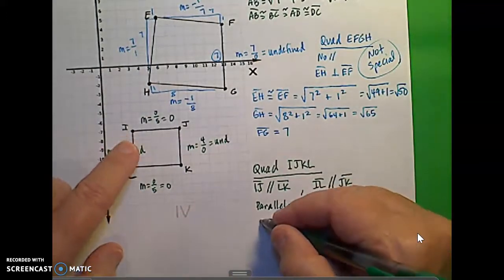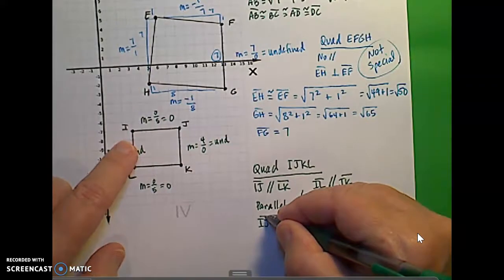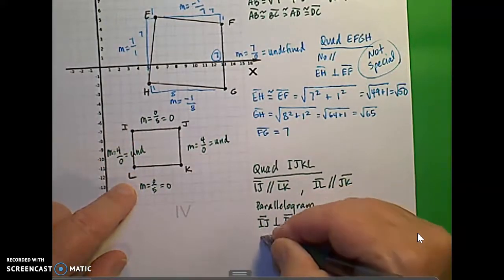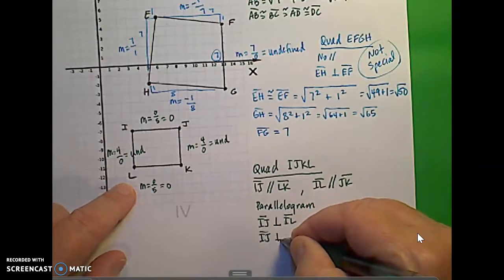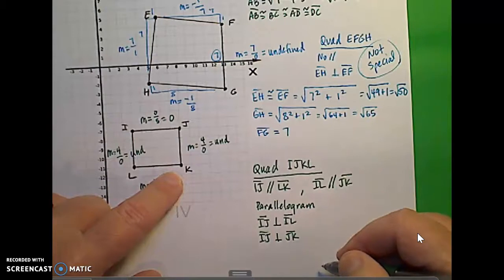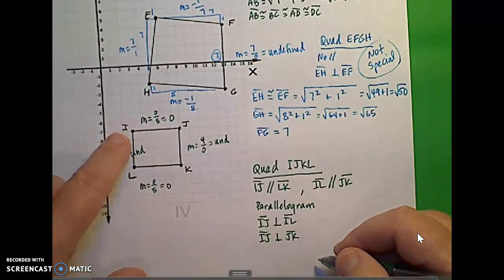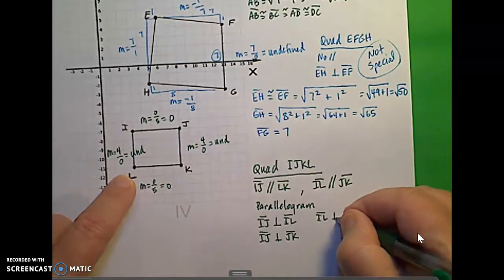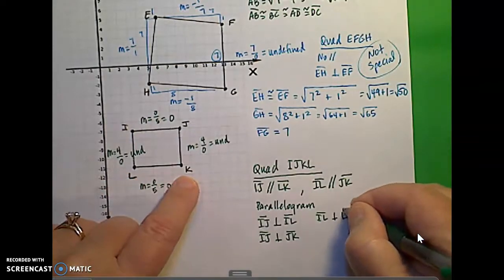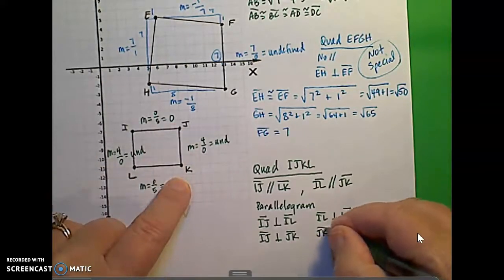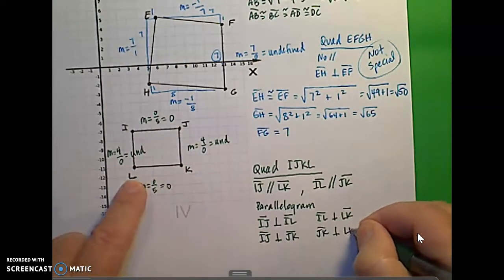So basically I could write a bunch of these. IJ is perpendicular to IL. IJ is perpendicular also to JK. And let's see, IL is perpendicular to LK. And JK is perpendicular to LK.